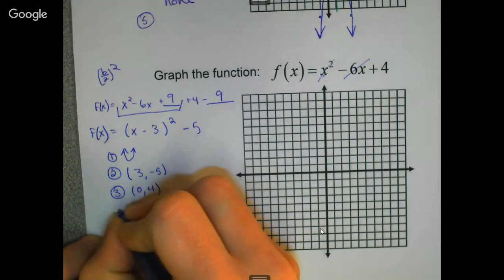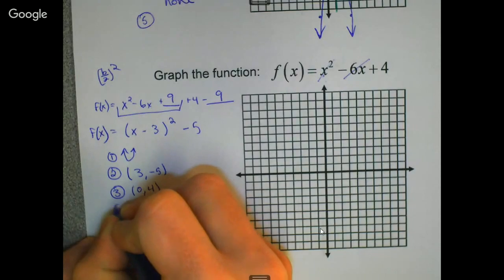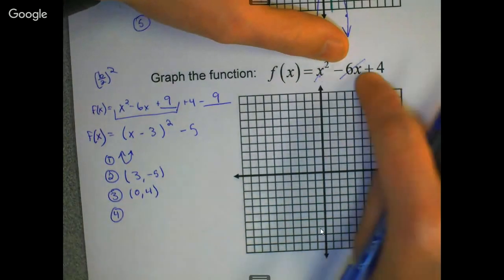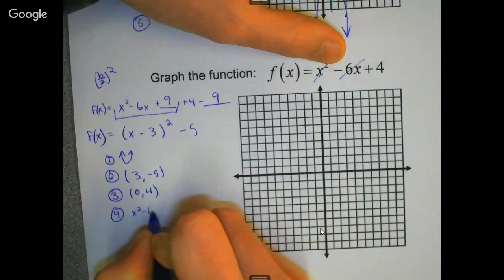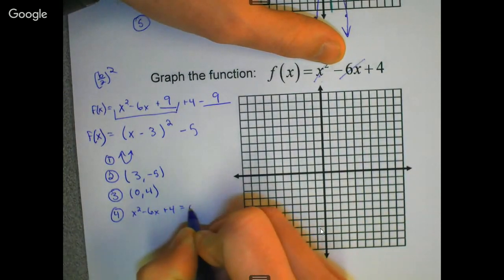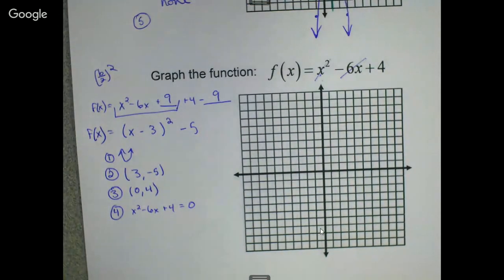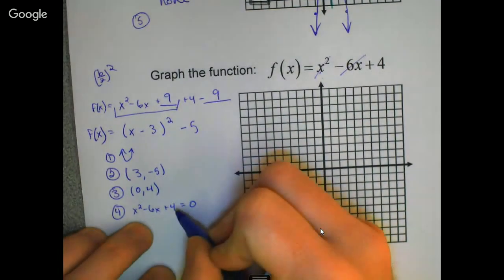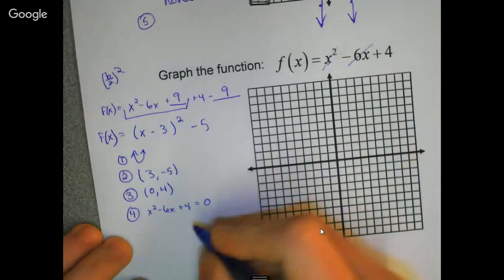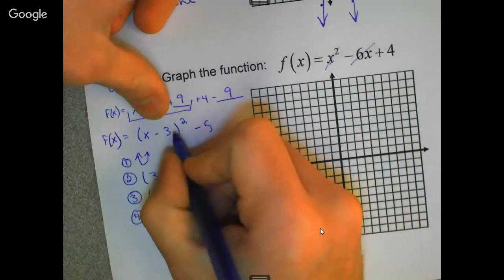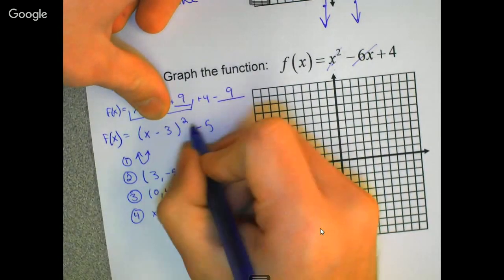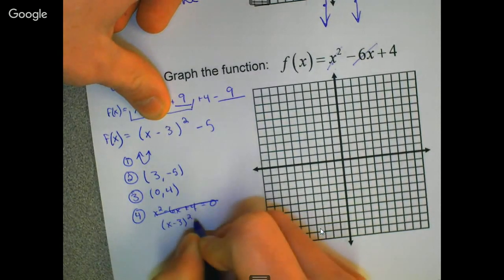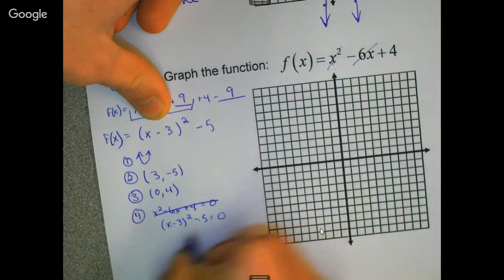And then the x-intercept, so we're going to set it equal to 0. If I go back up to this one, x squared minus 6x plus 4 equals 0. Can I factor this? Factors of 4 that add to 6, there are none. Now we talked about doing this one by square root. So if I have (x minus 3) squared minus 5 equals 0, we'll add 5.